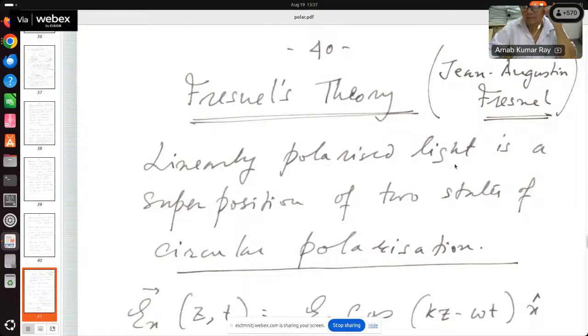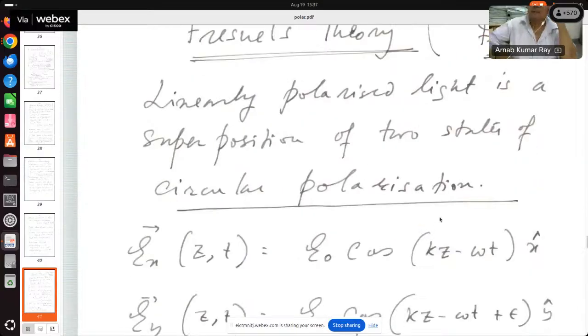So linearly polarized light is a superposition of two states of circular polarization. This is completely the opposite. That is how you start this discussion. You remember our discussion held a little while ago, today only, that circularly polarized light or elliptically polarized light is the outcome of the superposition of two linearly polarized states, right?